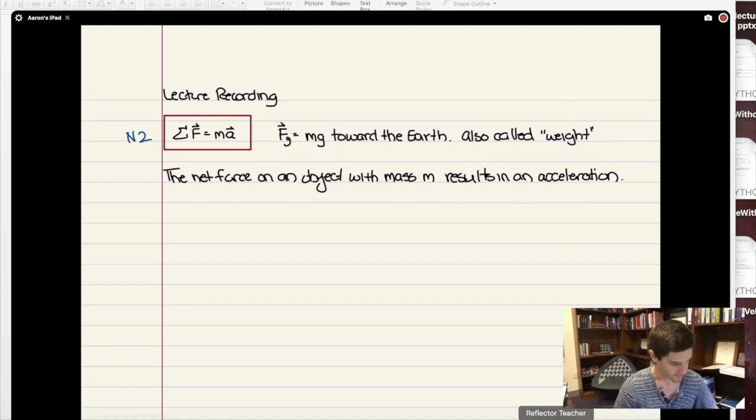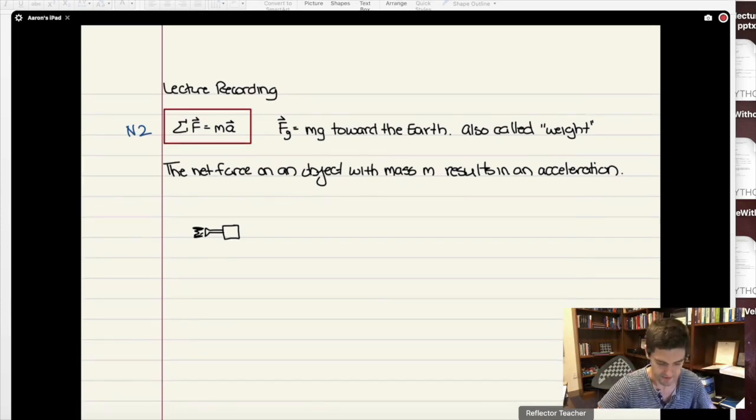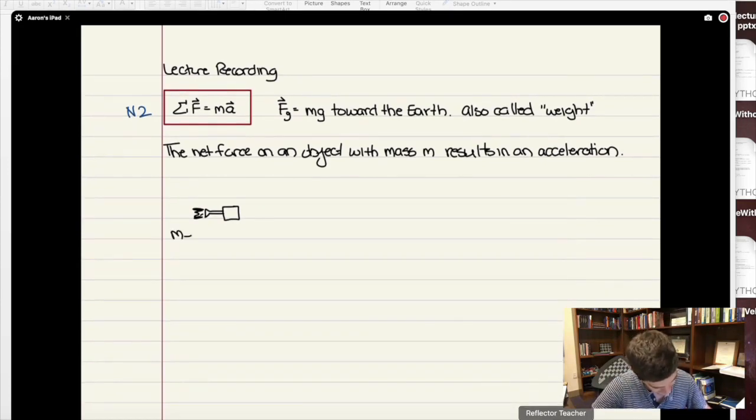All right, so my thought here is that I will just do a bunch of problems and use that to introduce new ideas along the way. So let's go back to the rocket. There's a box that is attached to some sort of rocket exhaust pipe. And suppose, you are told, the mass of this rocket is 10 to the 5 kilograms.